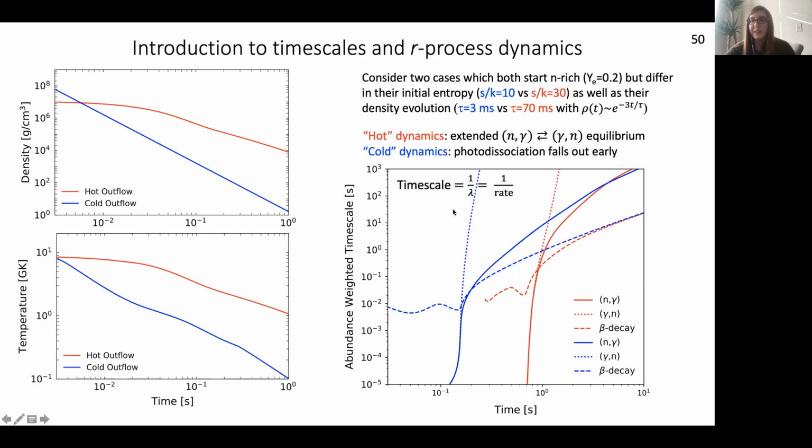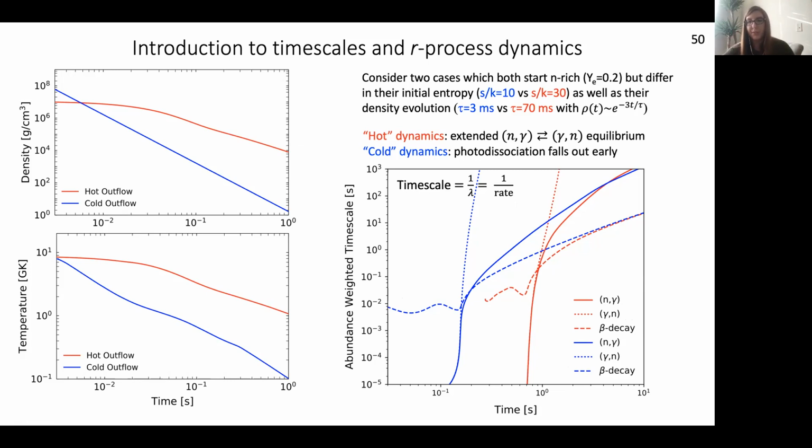Also note that since timescale goes like 1 over rate, the lower this is, the more influential the reaction channel that you're looking at is. So you can see that this equilibrium persists for a pretty long time, and then your photodissociation falls out and just goes out of the calculation, doesn't influence things very much.